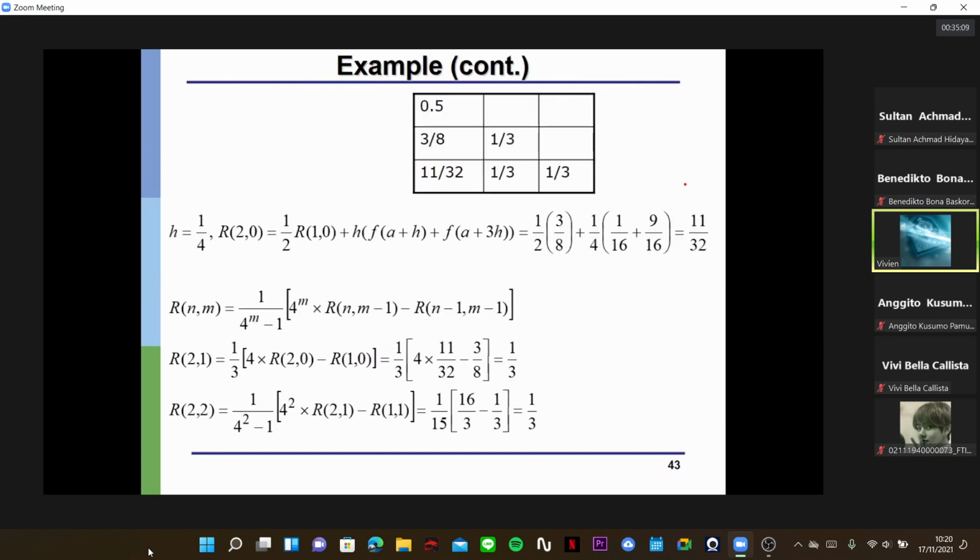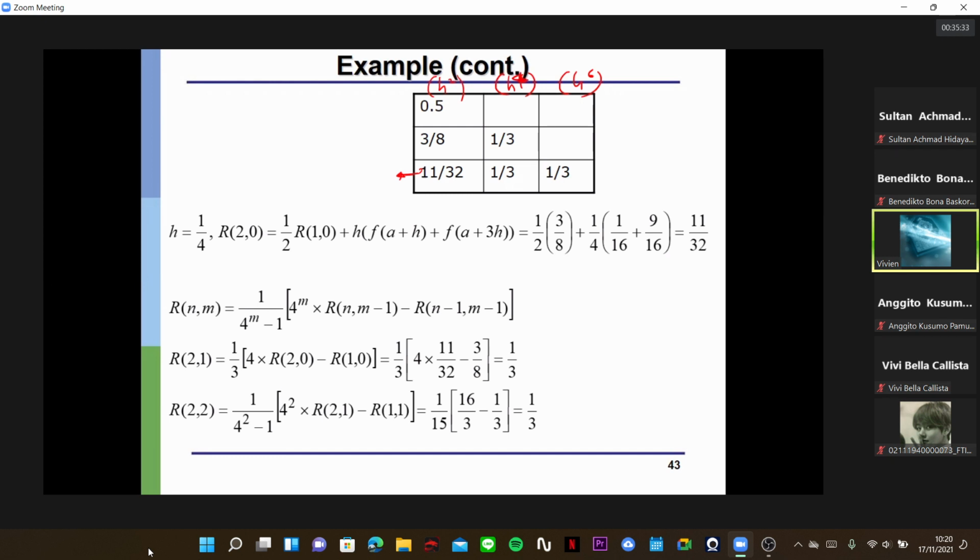And then again, we can further obtain more. So this is h to the 4, and the previous one is second order. Sorry, this is second order. So this is fourth order, and we can extend to sixth order. To extend to sixth order, we have to find the area using more segments.